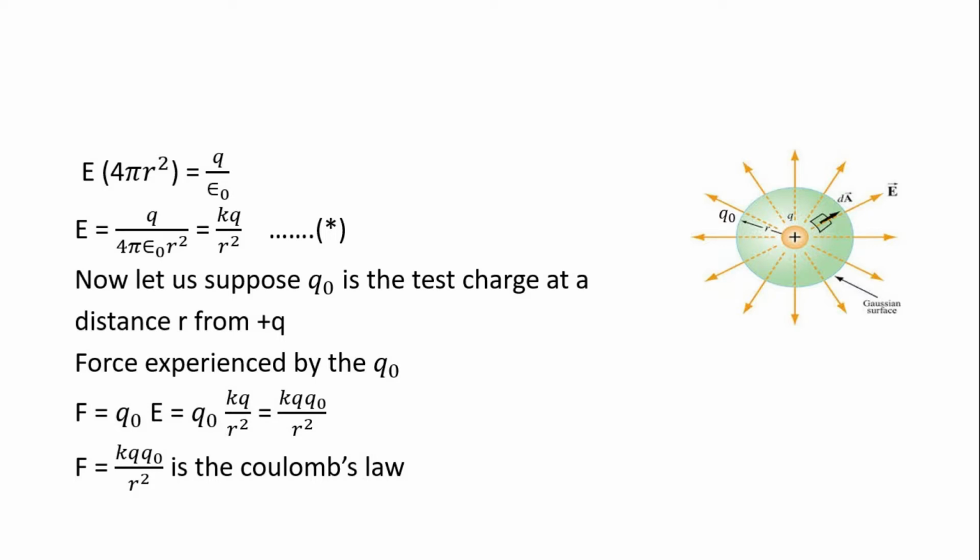So F is equal to K into Q naught Q divided by R square, which is Coulomb's law. So we have proved Coulomb's law using the Gauss law. Now we will see how the Gauss law is helpful to us.